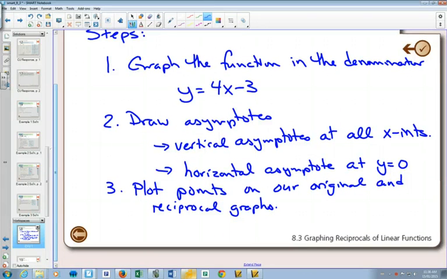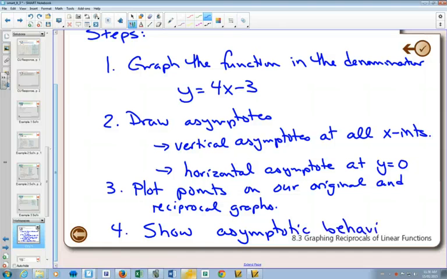And finally, step 4, we're going to finish our graph by showing the asymptotic behavior. What? You'll see what it looks like.